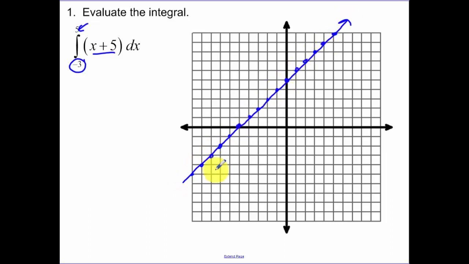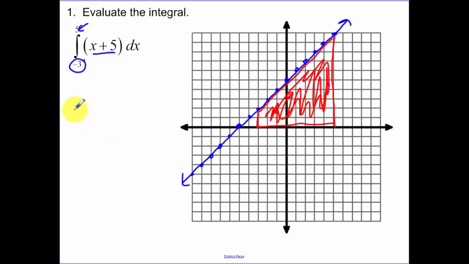So that's what our curve looks like. Now, what am I finding when I'm finding this integral? I'm finding from -3 all the way over to 5. I'm finding the area of this geometric figure. And it's important that you understand that, hey, that's a geometric figure that we can find the area of.